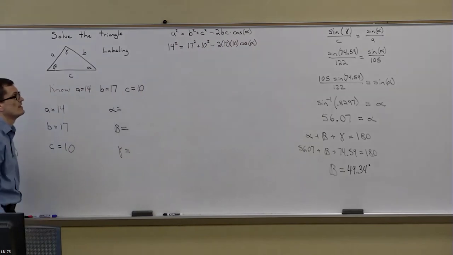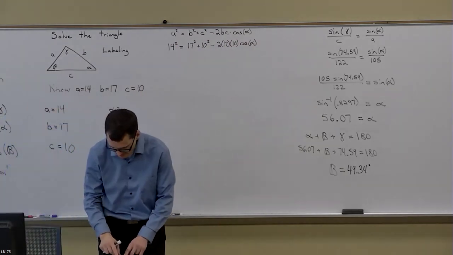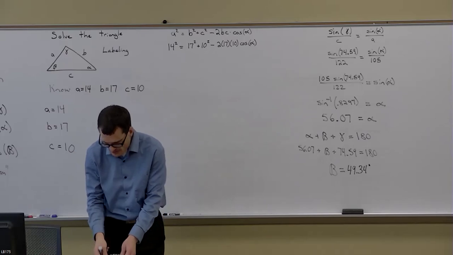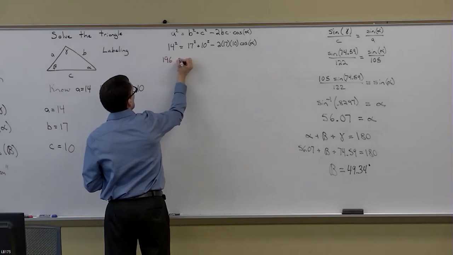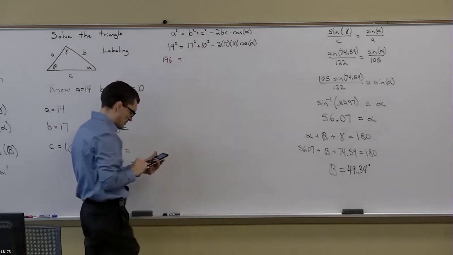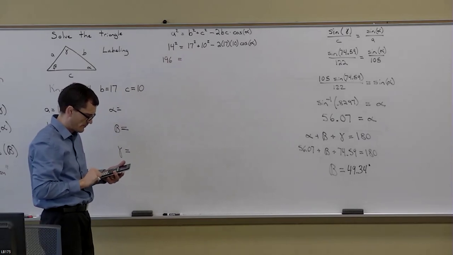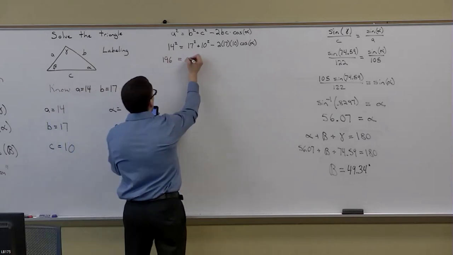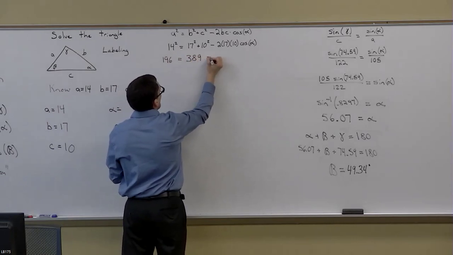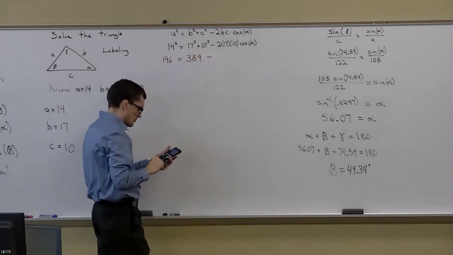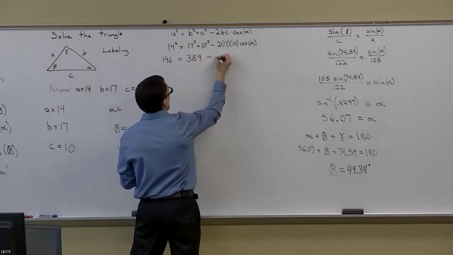And then I turn to my calculator. 14 squared is 196. 17 squared plus 10 squared is 389, excuse me, 389. 2 times 17 times 10 is 340.